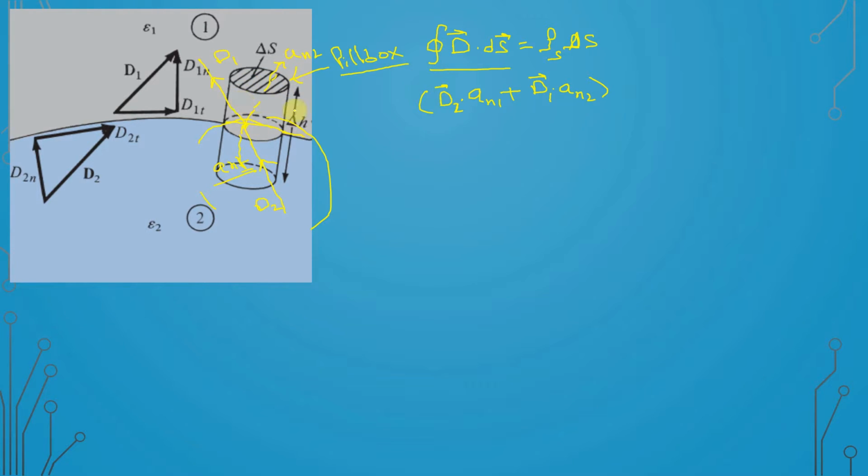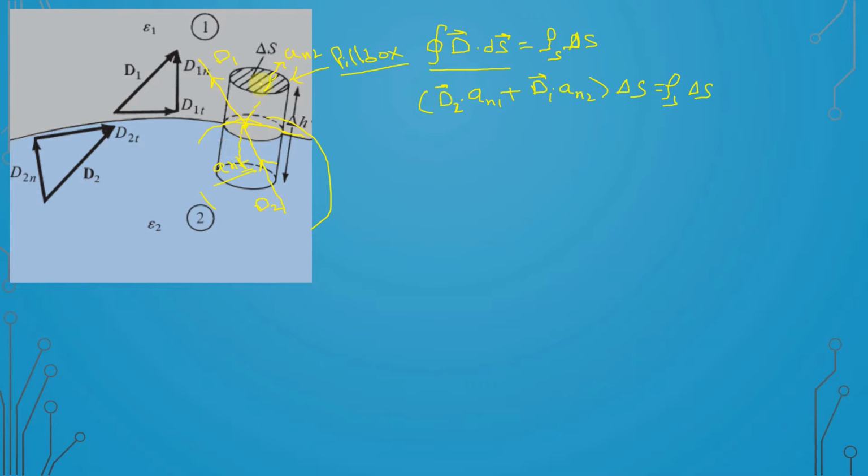So this is how the surface, and this is for the surface delta s. So this D dot dS for this pillbox we can write like this. That will be equal to what? Rho s delta s.